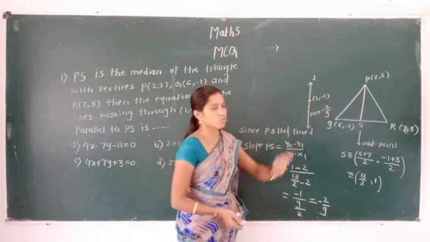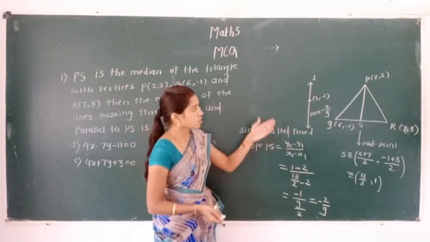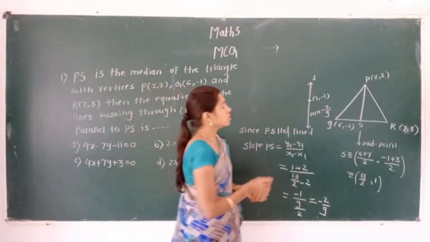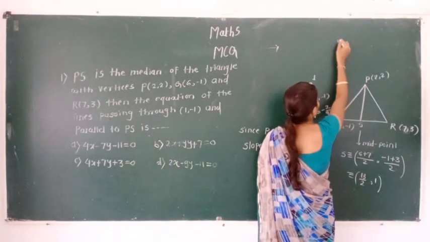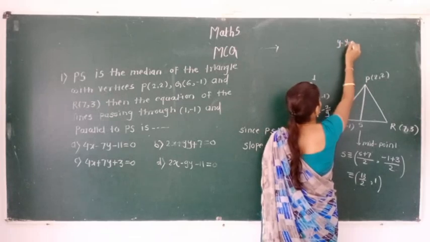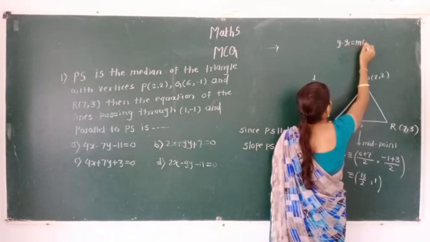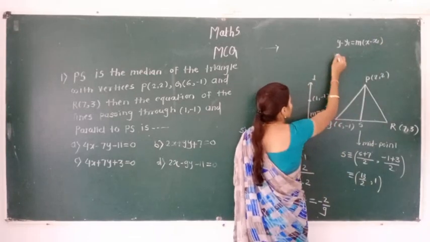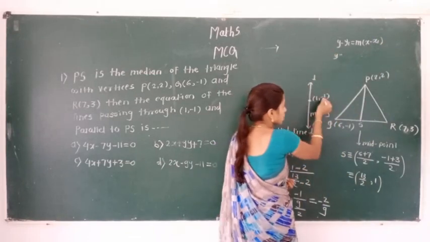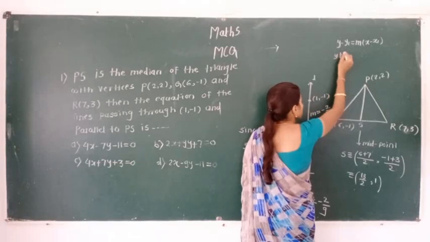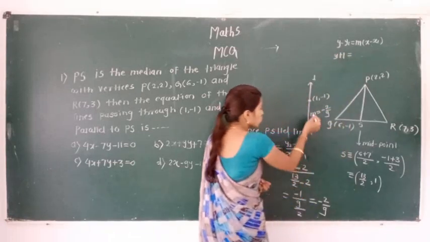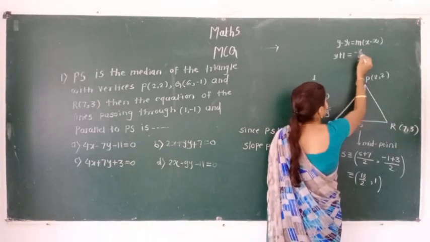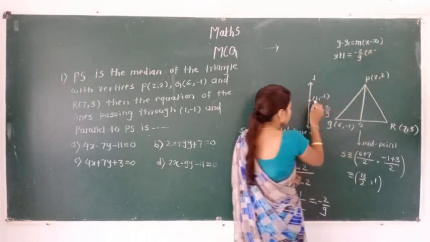Using these two pieces of information, we have to find the equation of the required line. We apply the slope point form: y minus y1 is equal to m times (x minus x1). So y minus (-1), that is y plus 1, is equal to the slope minus 2 by 9 times (x minus 1).